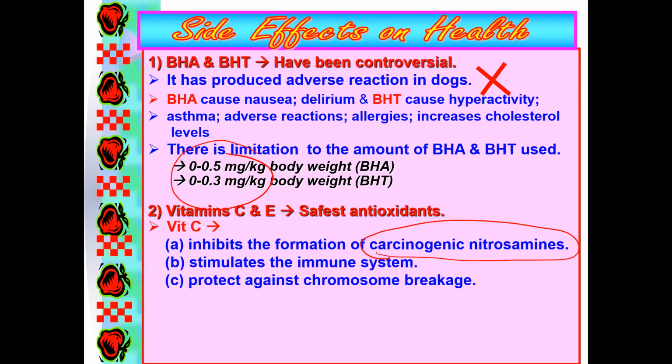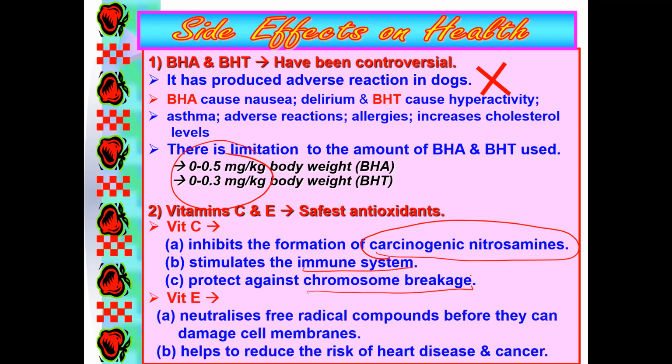They will stimulate your immune system and protect from chromosome breakage. So if you can, take your vitamin C and vitamin E, these two are really good for you. They can reduce your risk of heart disease and cancer, and they will neutralize all your free radical compounds. Free radical compounds are not good, so you neutralize them.